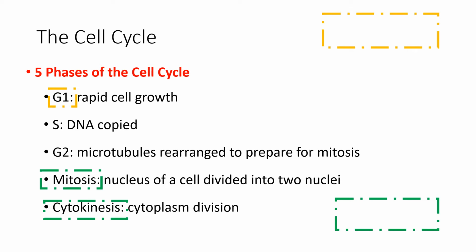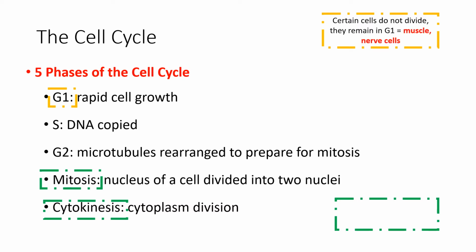G2, microtubules are rearranged to prepare for mitosis, which we'll get into the specific steps for this as well. Mitosis is basically the nucleus of a cell is divided into 2 nuclei, and cytokinesis is cytoplasm division.